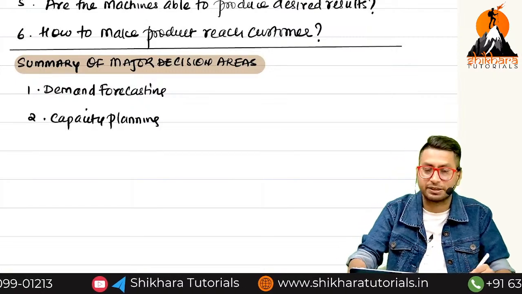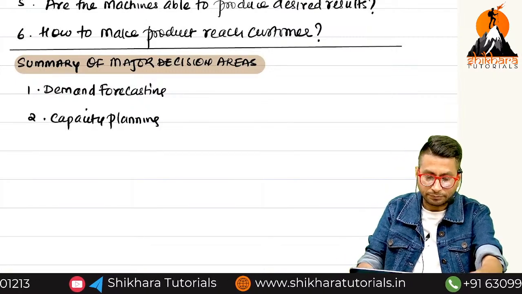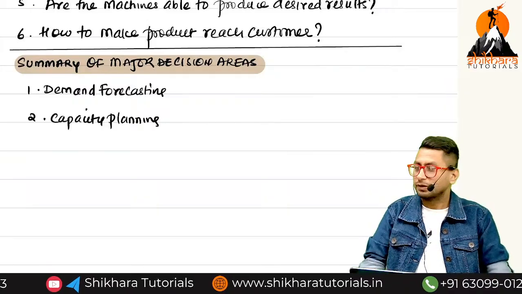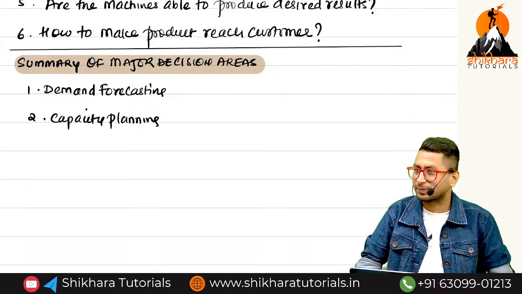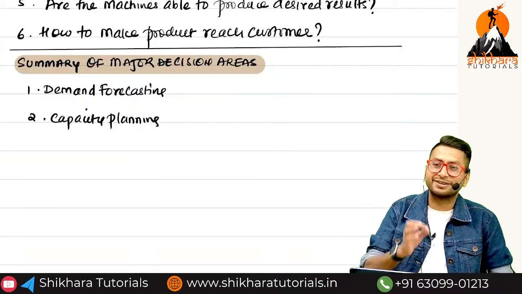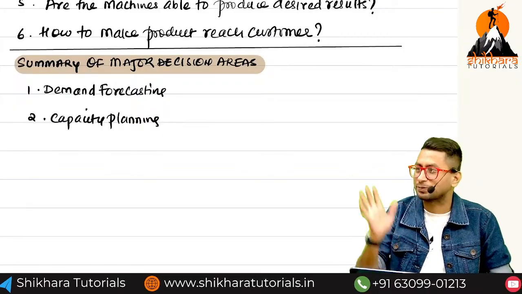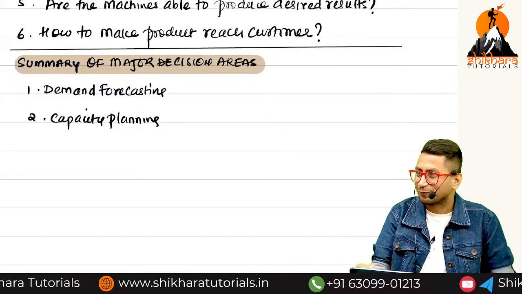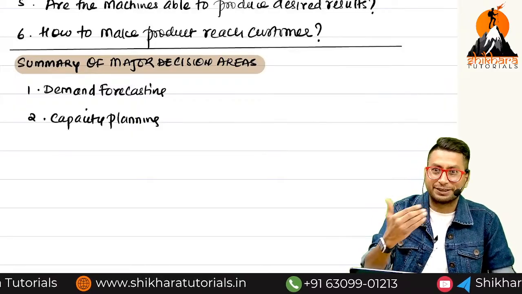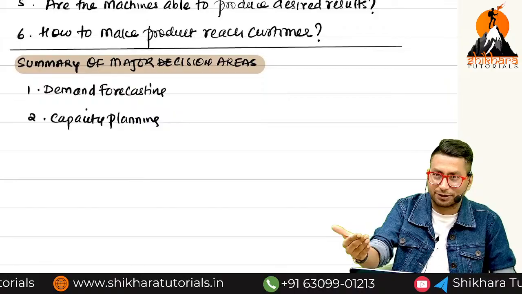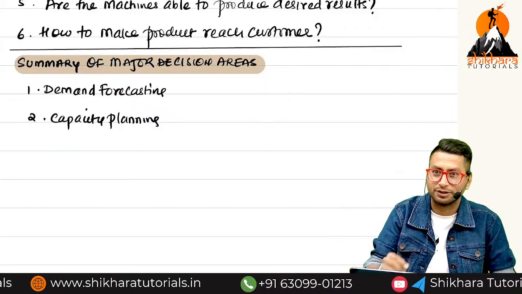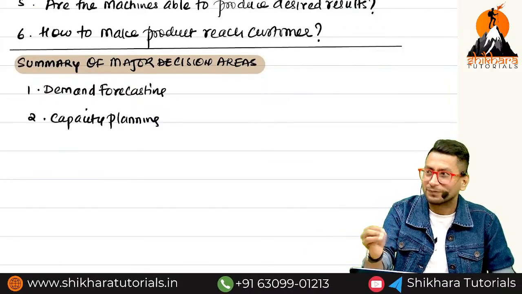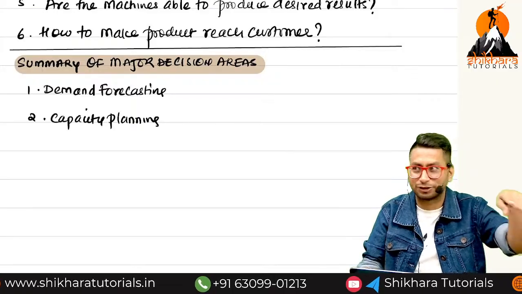What is capacity planning? Take a marriage example. Did you attend anyone's marriage? What is the main purpose of attending someone's marriage? I know the answer, but I want to know from you. Do we go to see the marriage ceremony and rituals, or for food? First you go and stare at everything, a 360-degree view.